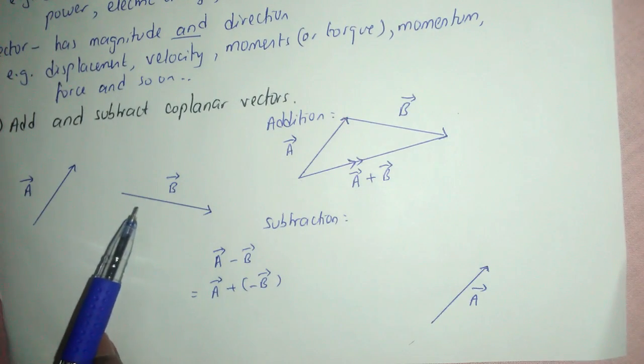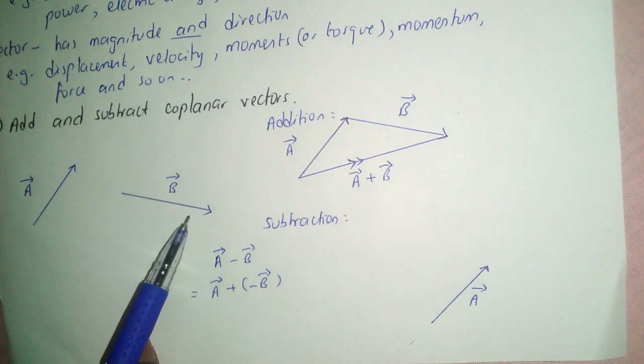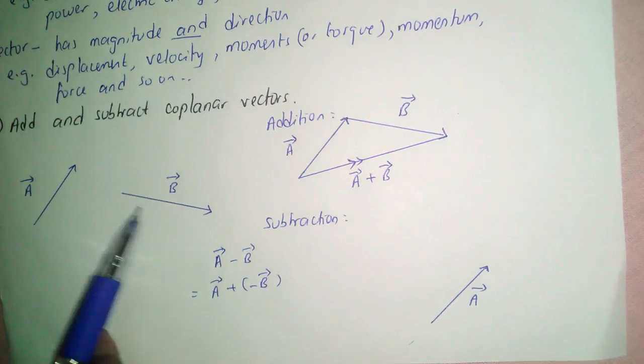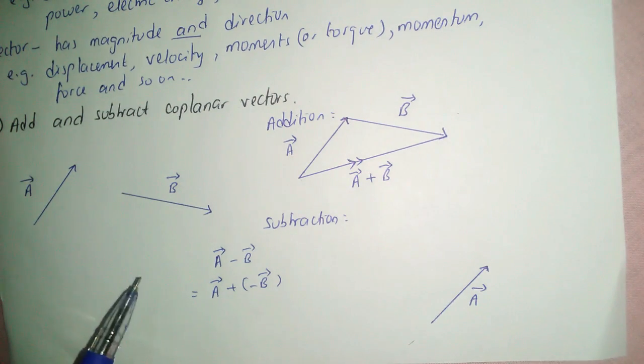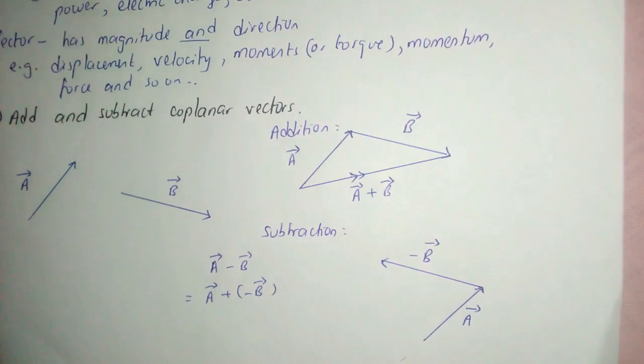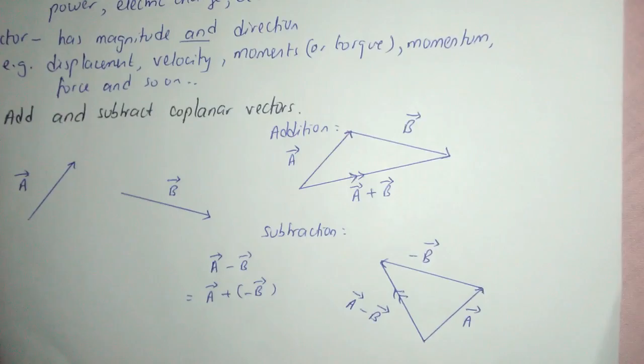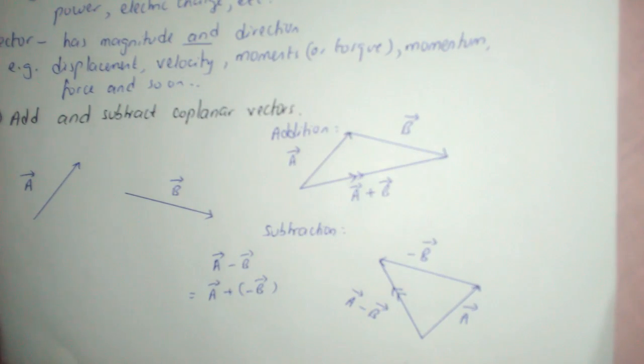So if I have a vector B pointing in this direction, the vector minus B will be pointing in this direction. So the vector B resembles something like this, and the resultant vector A minus B, we just have to join this part to this part. There we go, the vector A minus B and the vector A plus B.